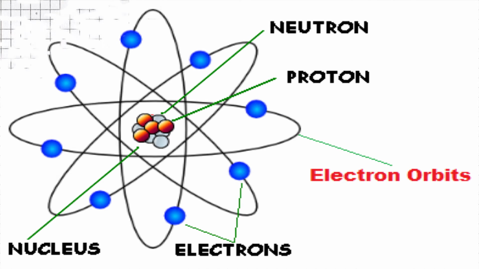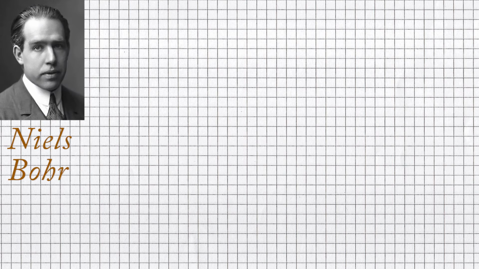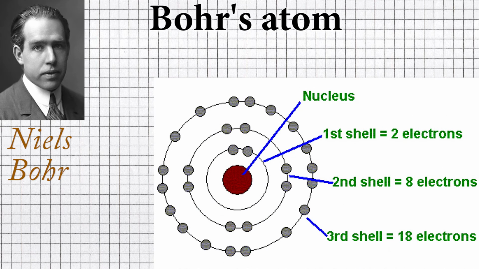So after Rutherford, we meet a new person, that is Bohr, who also made many discoveries, and he also made a new kind of model that is called the Bohr atom, and he is the first one to talk about quantized energy.